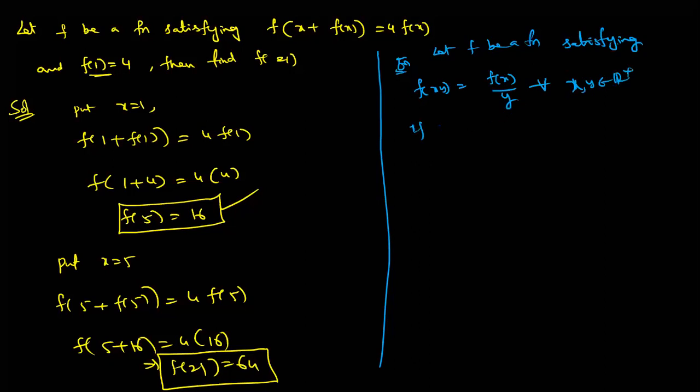If f of 30 is given as 20, find f of 40. Anyone, what is the answer? Yes, the idea is important. f of xy is f of x by y for all x comma y belonging to R plus. If f of 30 is equal to 20, then find f of 40.